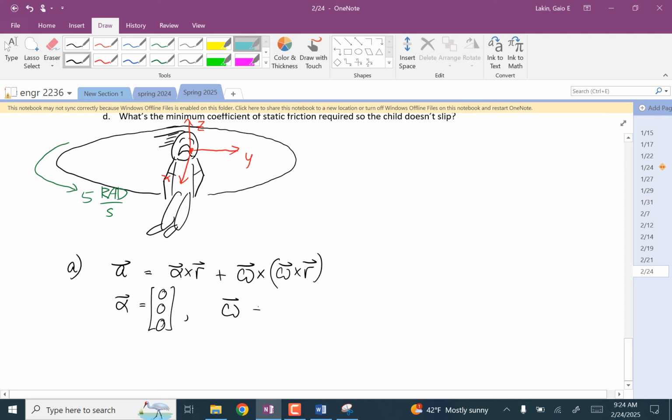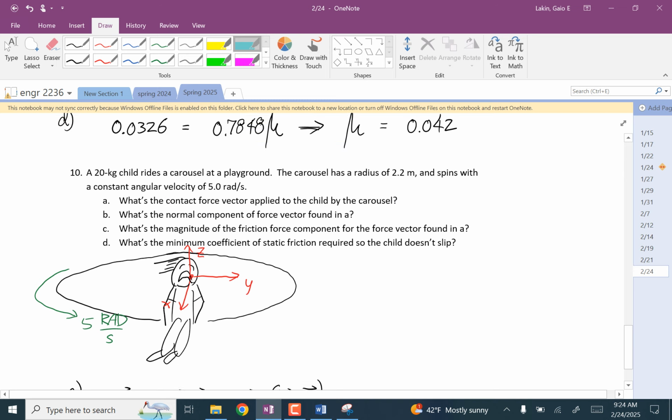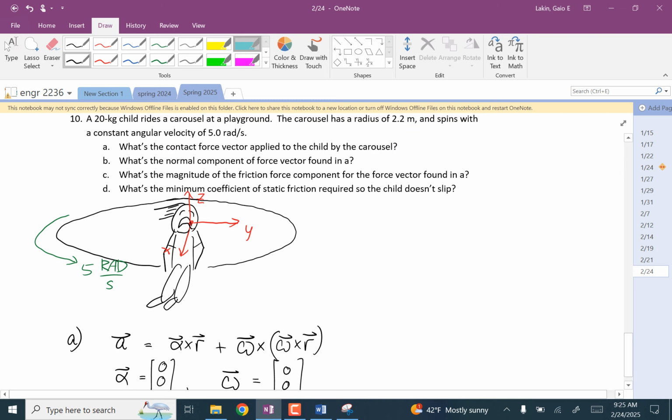Angular velocity, what are the components for this? In the z? Yeah. 0, 0, 5. And then r this time is 2.2 in the positive x.